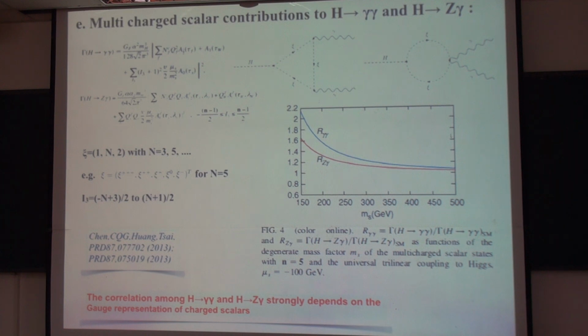Unfortunately, the CMS result is now even smaller. But the correlation between H to photon photon and H to Z photon strongly depends on the charged scalar representation. Different representations can either enhance or even suppress.